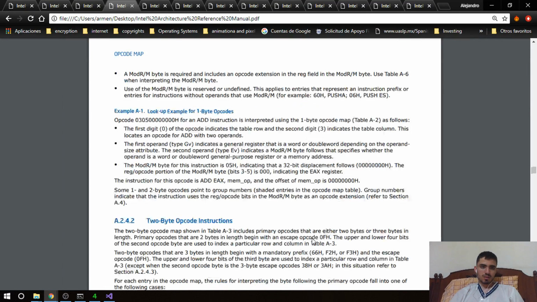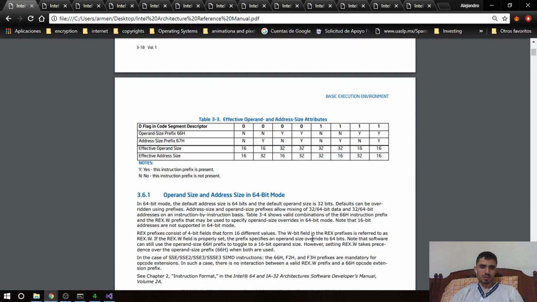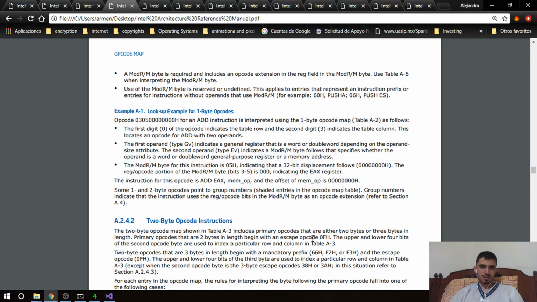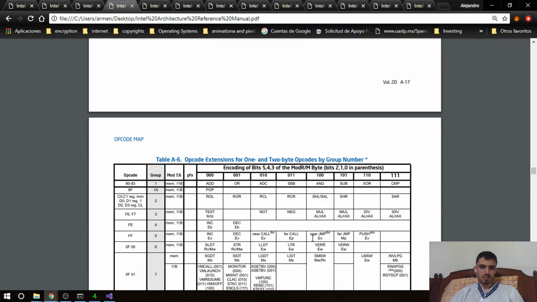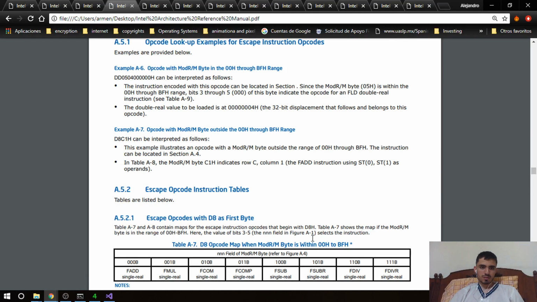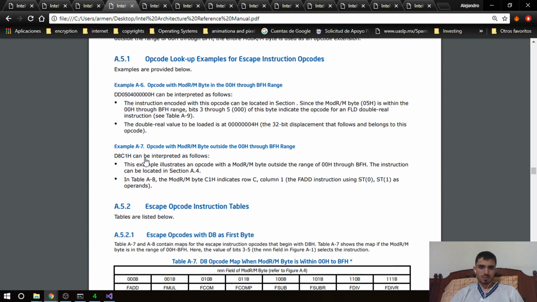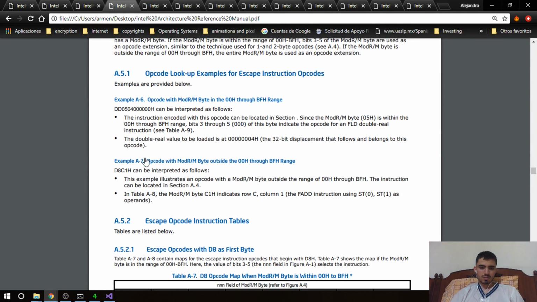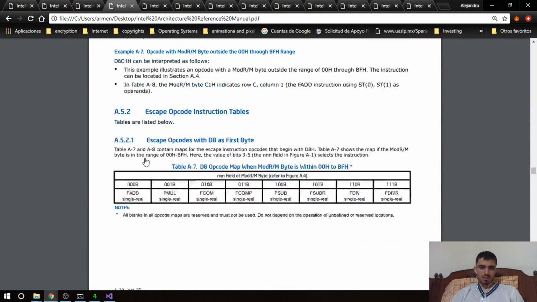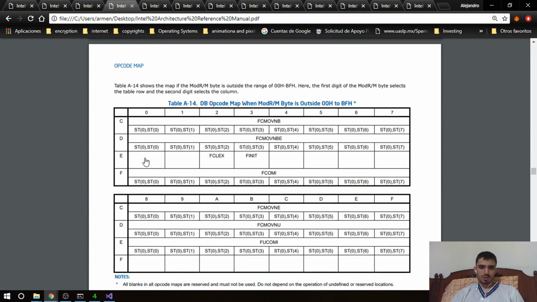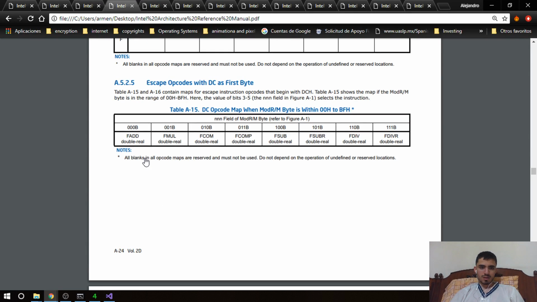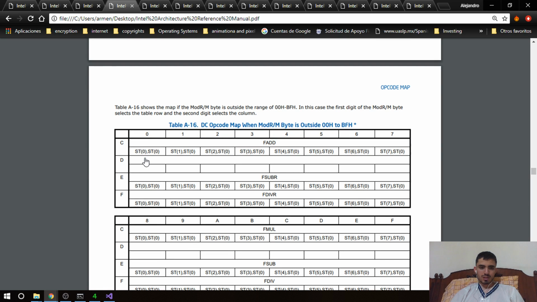Normally, we found out that it was the case. It was this one. No, it was something that we just did, isn't it? We tried to find out something and we just made the instructions. So it has to be ST0, ST1.